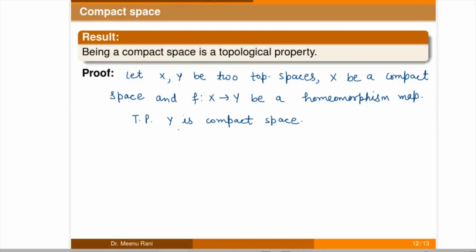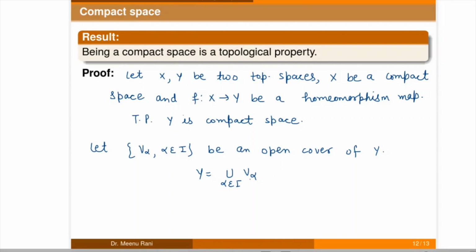So for this we take an open cover for y. Let v alpha be an open cover, it means we can write y as a union of v alphas, and it is given that f is a homeomorphism, so f is onto.